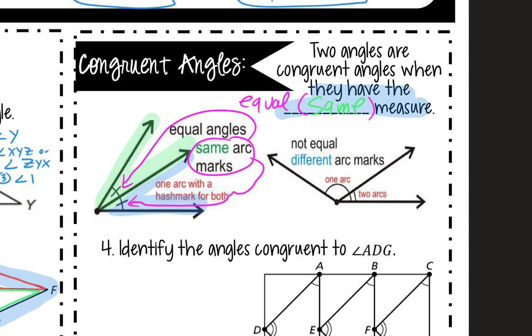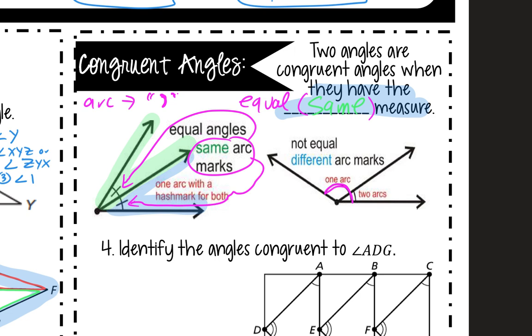Okay, so the arcs are something like this. If we have different arcs, they are different measures. They're not equal. So these are equal angles because they have equal marks. This one is different from this. For instance, this is going all the way from here to here, so that would be this purple one.